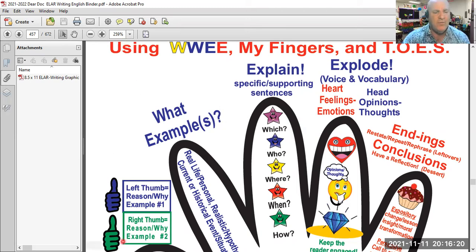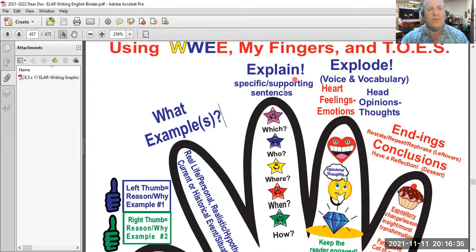And so everyone should be saying where you got your answer, give an example from the text, and then if you're trying to get the 3 for the development, then explain with these W's that you have right here.